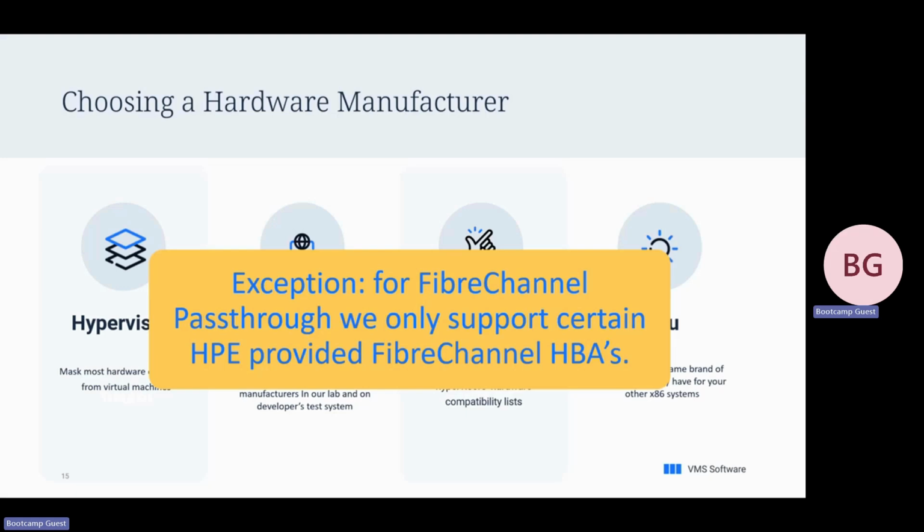We could do it, but if we ended up spending all our time developing those drivers, nothing else would happen. So we put a stake in the ground and we said, it's going to be the HPE cards that we are familiar with, that we have supported on Alpha and on Itanium. And we're going to do the newer generations of those cards, but that's it.